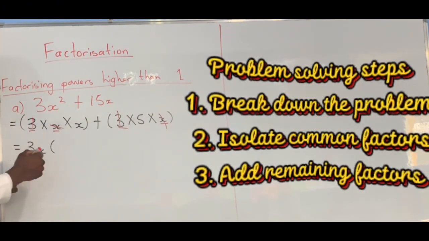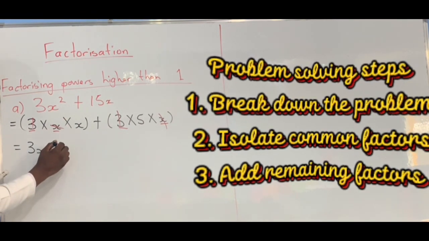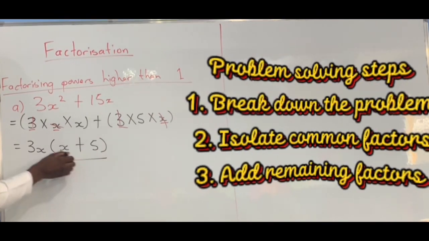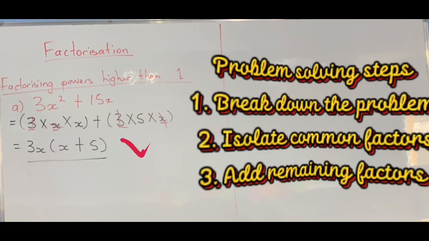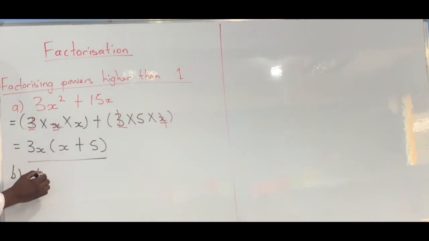So we cross out those which we've factored out. The remaining factors are x and positive 5. So our factorized form would be 3x bracket x plus 5. Alright, that is easy enough, right?